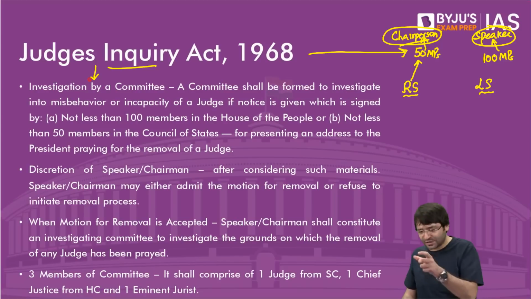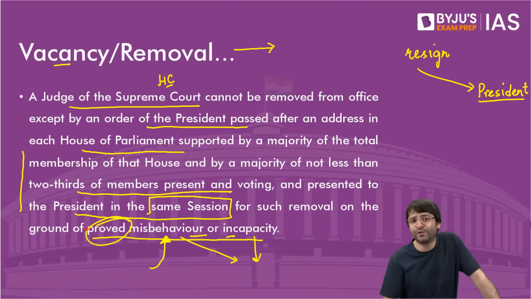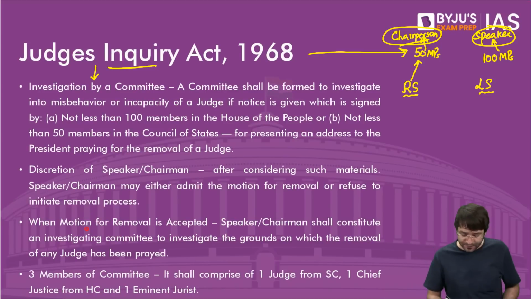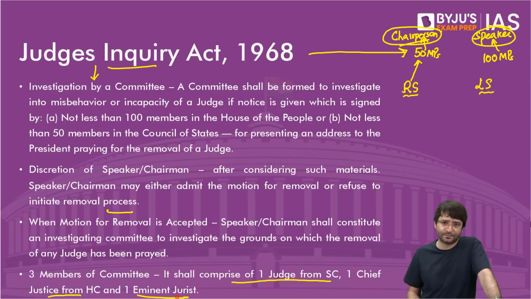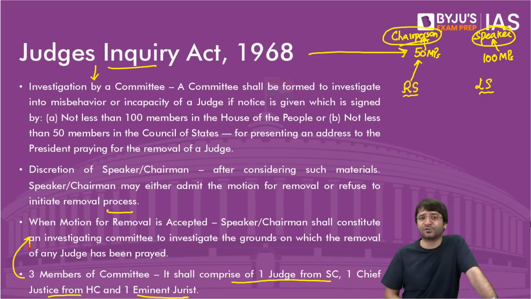Why? Because these charges of misbehavior and incapacity, they are to be proven. How do we prove them? By setting up a committee. This committee will consist of one judge from the Supreme Court, one Chief Justice from the High Court, and one eminent jurist. And once this motion is accepted, once their report is accepted, then there is voting.